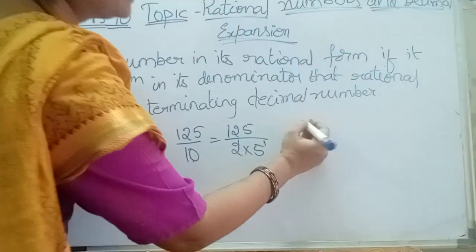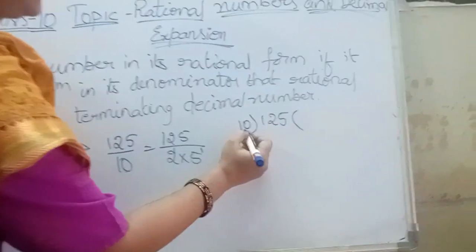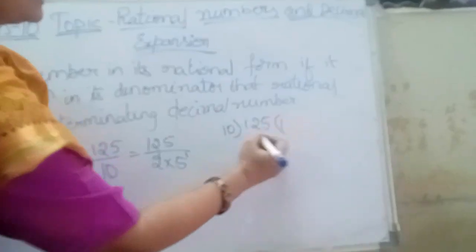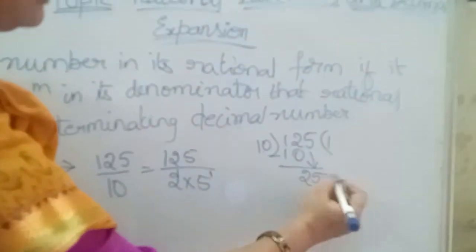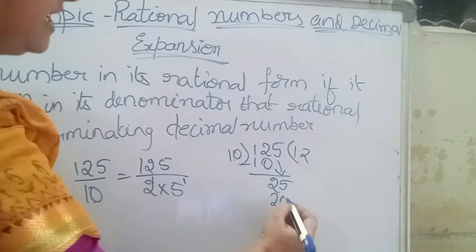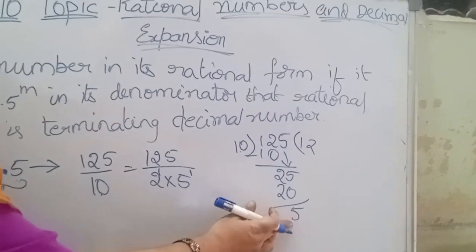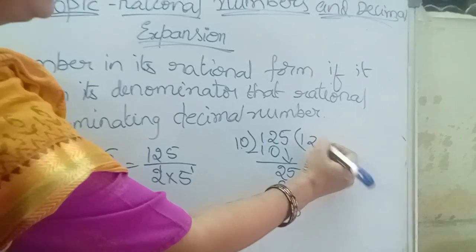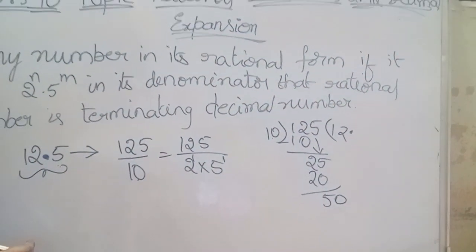Let us do that once. 125 divided by 10: 10 ones 10, subtraction 2, bring down this 5, and 10 twos 20. This remains 5 here. As it is remaining here, let us put a point in the quotient and put a 0 in the remainder.